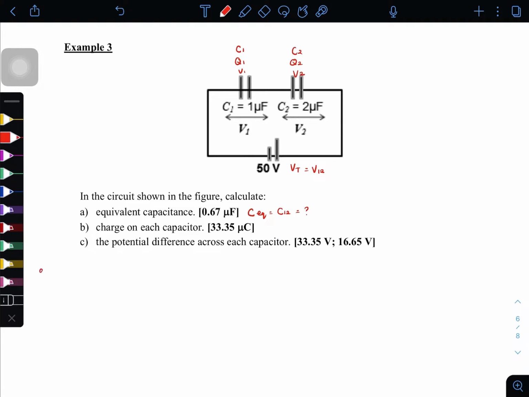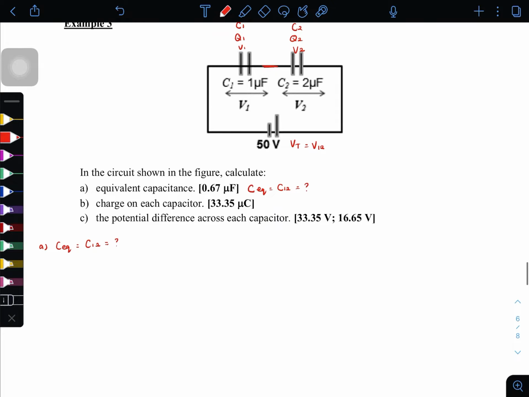So soalan minta for A, C equivalent sama dengan C12 sama dengan berapa. Okay, and we have C1 and C2, satu kaki sahaja yang bertemu, so mereka dalam keadaan series. So we can write here that C1 and C2 are in series.